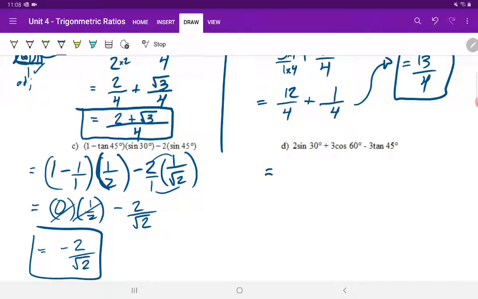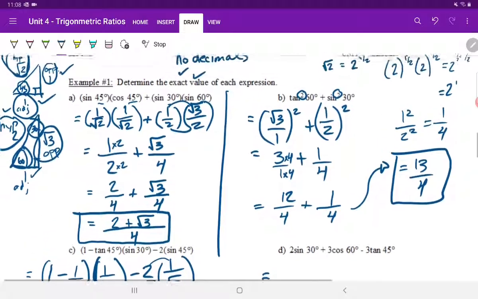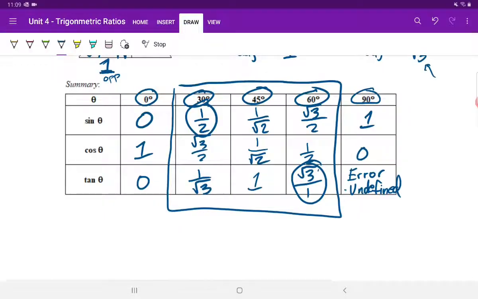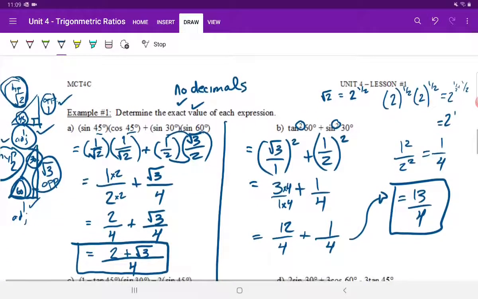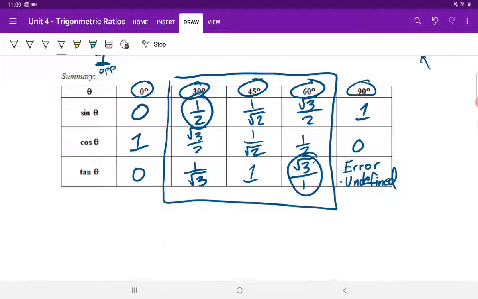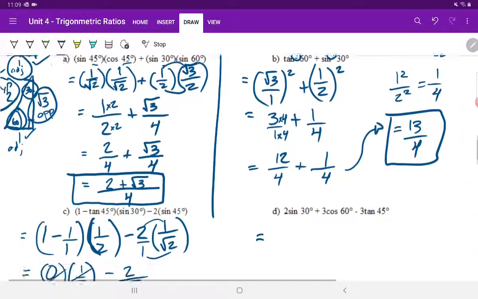So let's find the sine of 30 times 2, plus 3 cos 60, minus 3 tan 45. Again, you can use the table, but you could constantly reference the table, but it'd be good if you can just memorize the special triangles and do this yourself. So sine of 30 is 1/2.